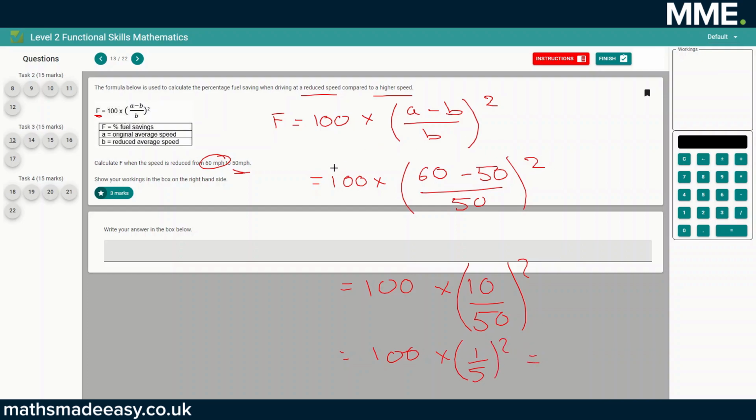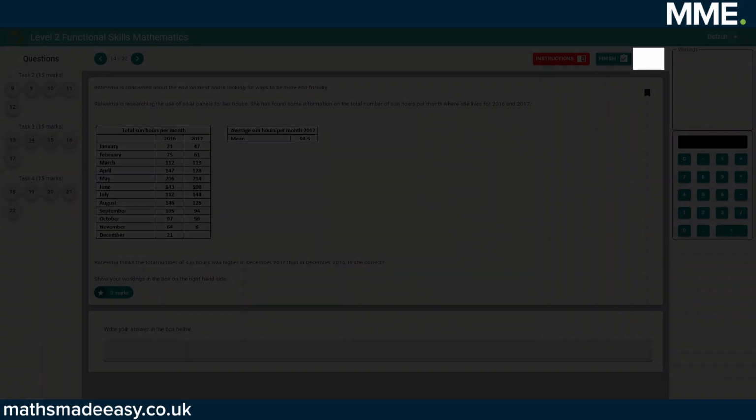You can put either this straight into the calculator, or you can simplify it first down to this. Either will come out with the correct answer. So calculating this value on the calculator, this will come out as 4% fuel saving when driving at 50 miles per hour compared to 60 miles per hour.